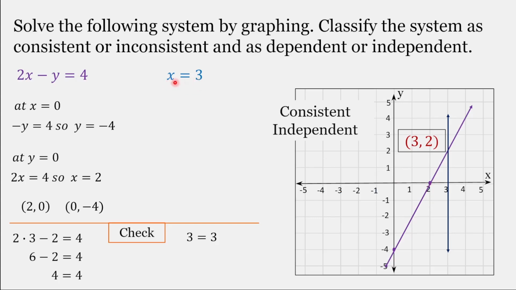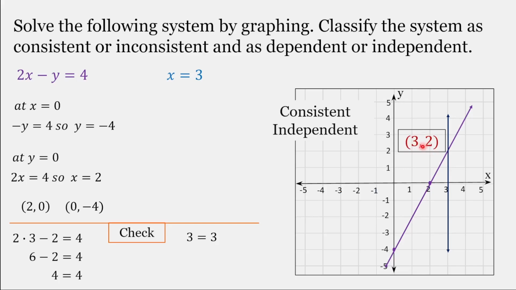With this second equation, we have x equal to 3. So that means regardless of what y is, the x value will always be 3. So this is a vertical line at x equal to 3. These two lines cross at the ordered pair (3, 2).